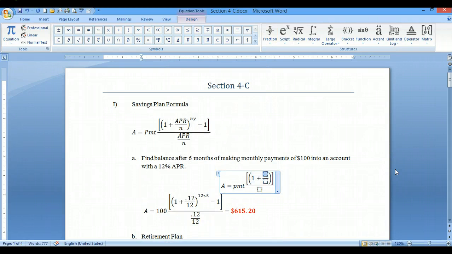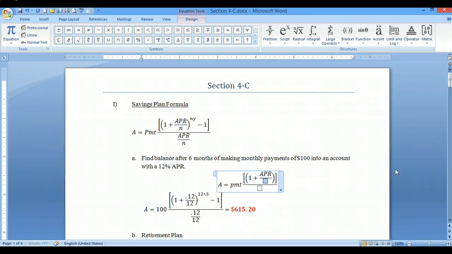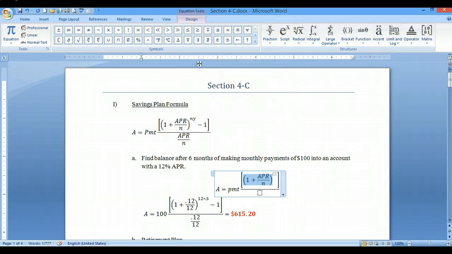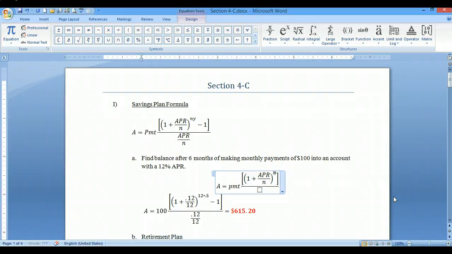Press my over button and type in APR over down button N. Now I need to come out, and in here I need to raise that, but I need to tell my computer what needs to be raised, so I highlight all of that inside the parentheses, and there's my exponent. Now pressing my arrow button over, I type in N and Y, press my arrow button to get out of my exponent and do minus 1, and we have the top done.